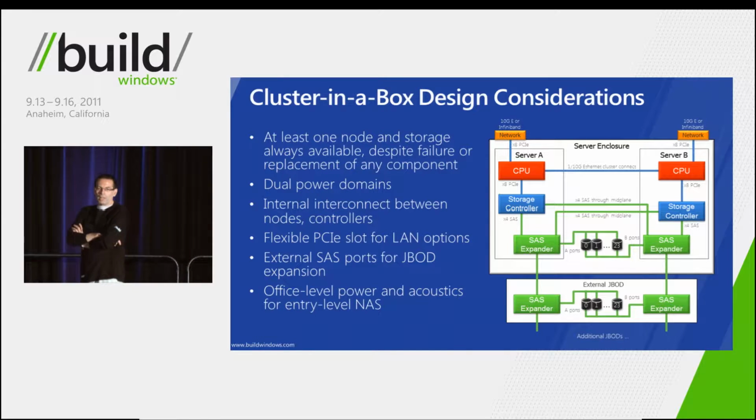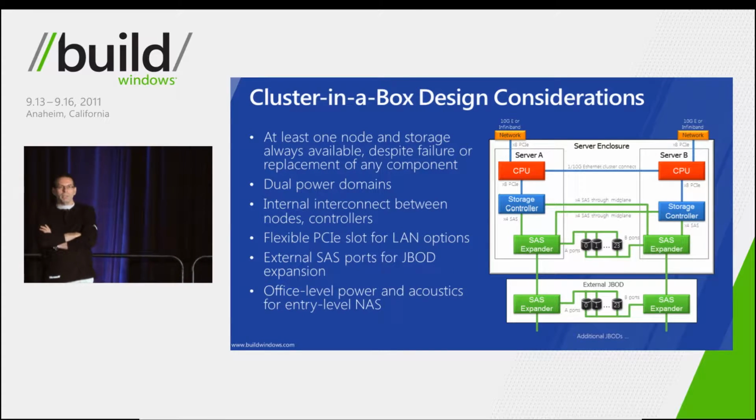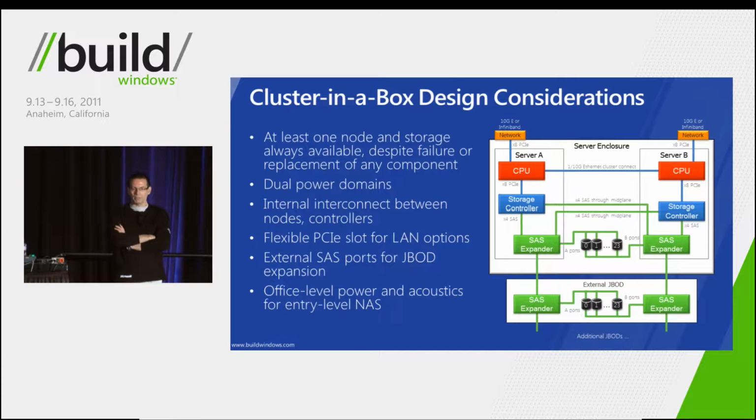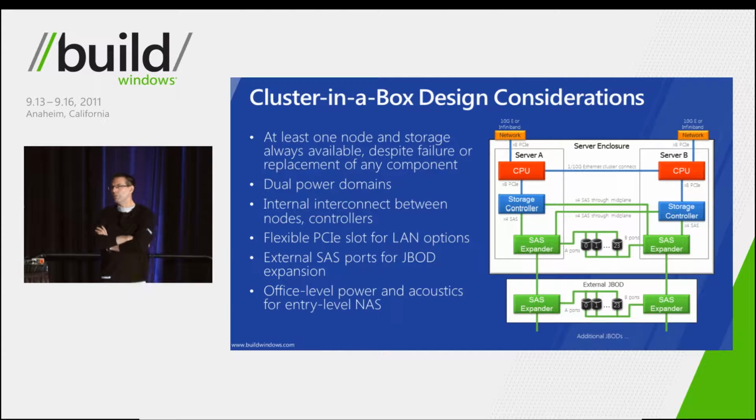So between the CPUs, you need to have an interconnect where the networking can talk between the two systems. From each CPU, you need to be able to see the data. It has to be connected to both systems. And that may be through expanders, it may be through SAS networking. There's various ways to do that. But think about how the data flows and what happens when any individual component might fail.